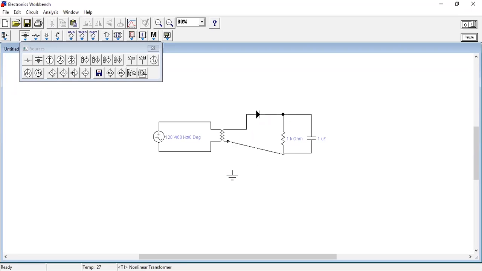We want a CRO. To find the input, we use only one channel, so we connected it to the AC source.